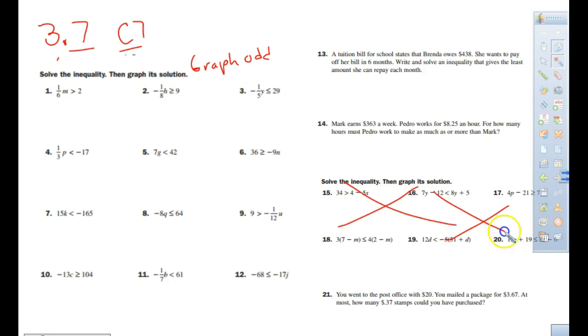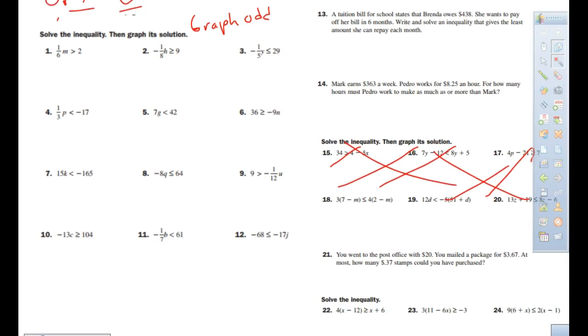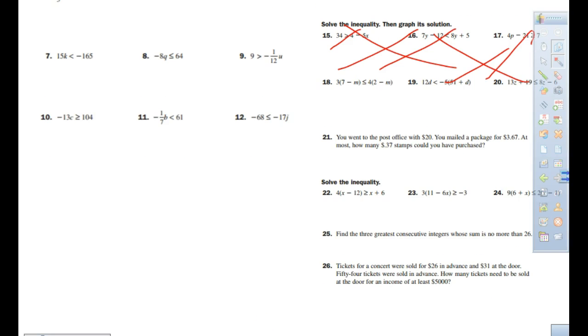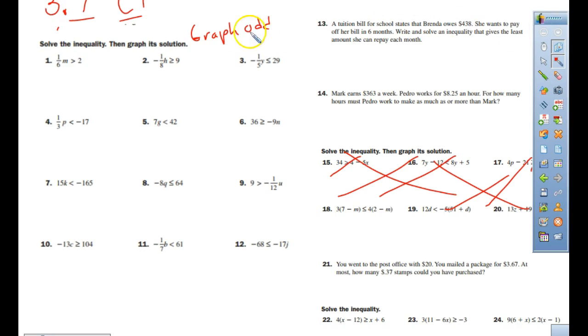That is like pushing you to the next level. We are not doing that. We are doing 1 through 14. And let me look at the last one. Let's graph all of them and only do 1 to 14.